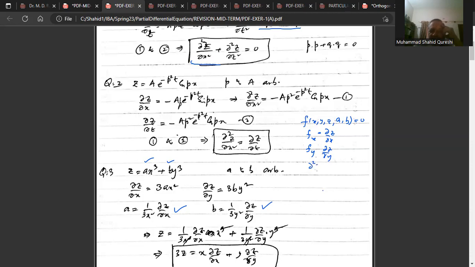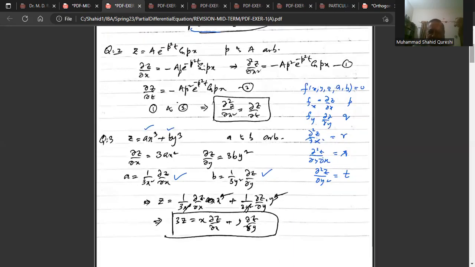Sometimes when you go for the second partial derivative of z with respect to x squared, our notations are such that we write this as p, write this as q, we write this second derivative with respect to x as r, and the mixed derivative, if I have mixed derivatives involved, as s, and the second derivative of z with respect to y as t. So we use these kinds of letters to simplify writing down differential equations.